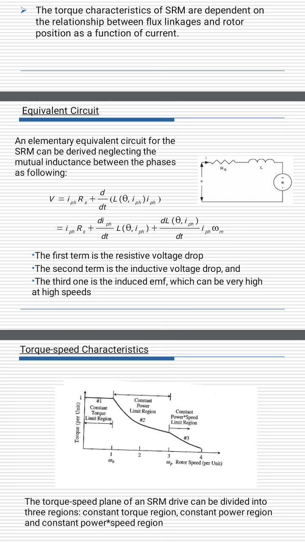Here we can see the equivalent circuit, which represents an elementary equivalent circuit for the SRM, that can be derived neglecting the mutual inductance between the phases as follows. Here are some formulas. The first term is the resistive voltage drop, the second term is the inductive voltage drop, and the third one is the induced EMF, which can be very high at high speed.